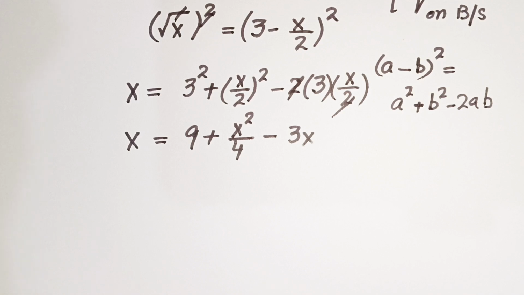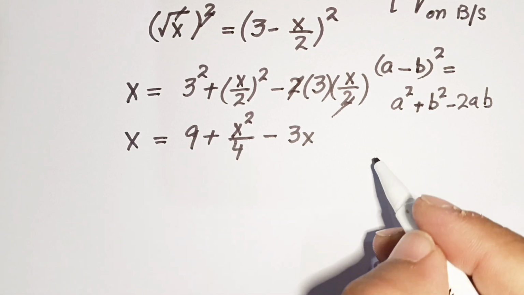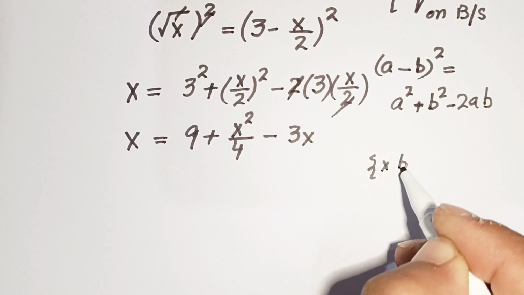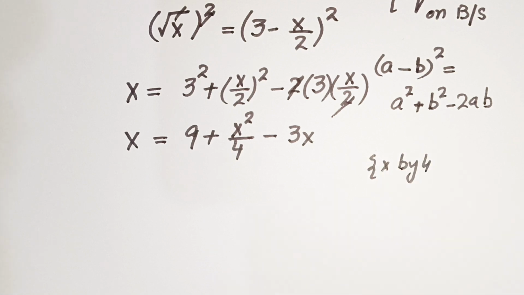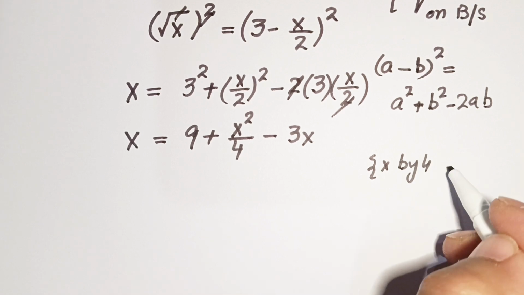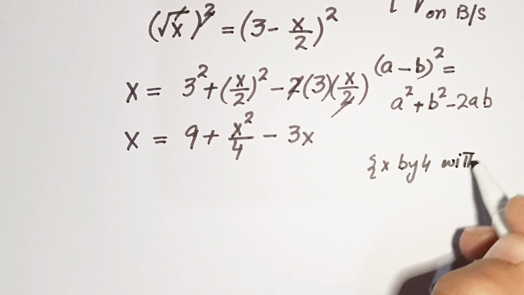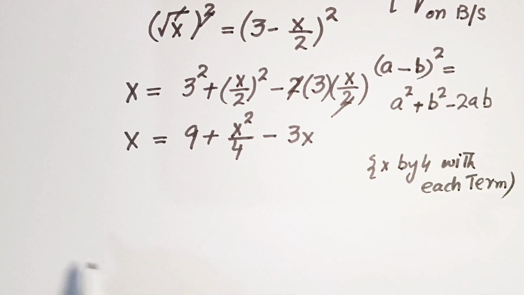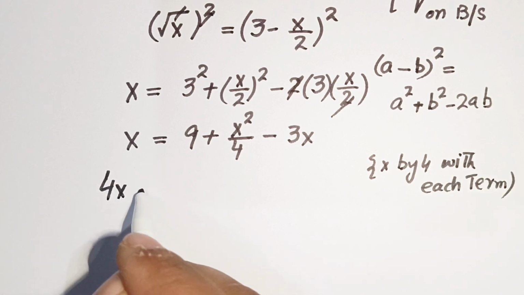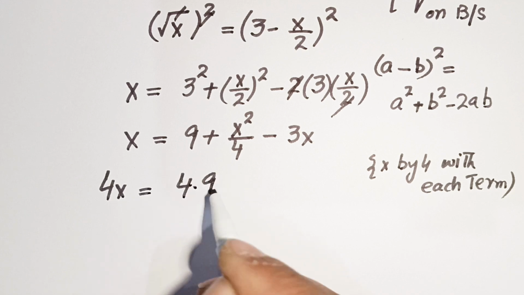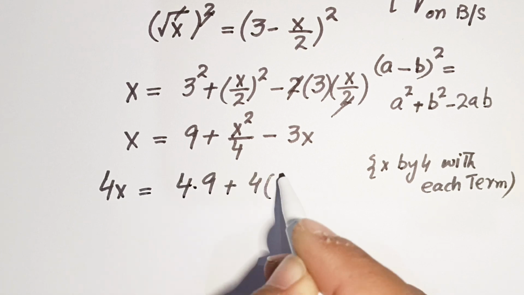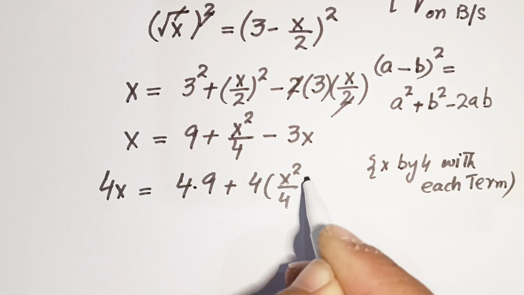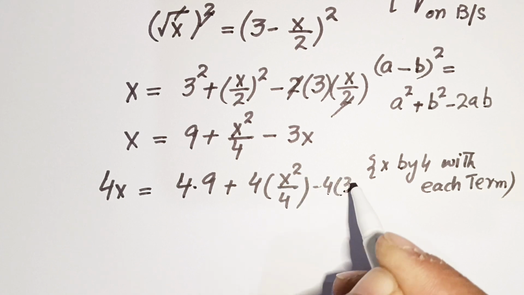Now we multiply by 4 on both sides with each term, so we get 4 times x equal to 4 times 9 plus 4 times x squared divided by 4 minus 4 times 3 times x.